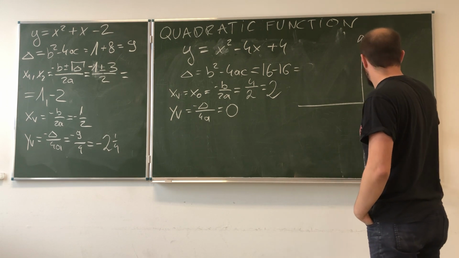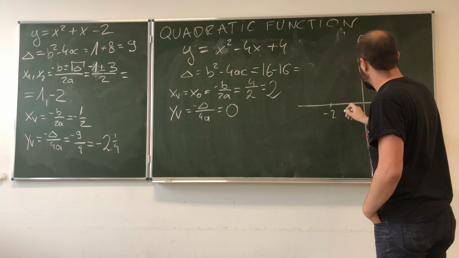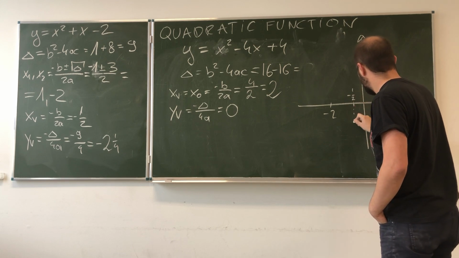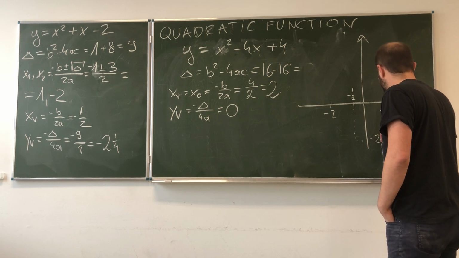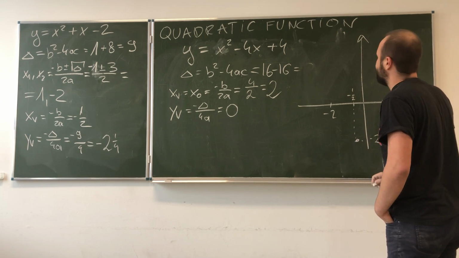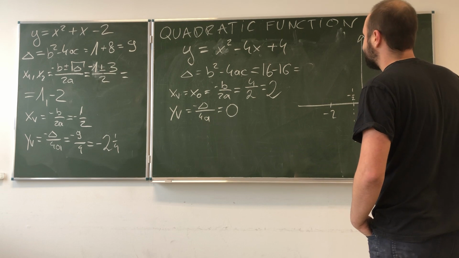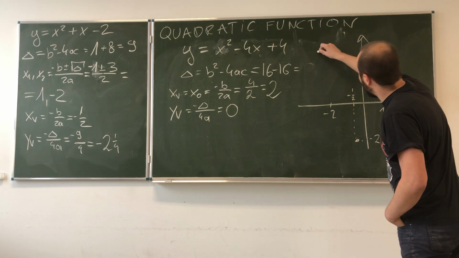I'm going to start with negative 2 and 1, and here I'm going to put negative 1 over 2, and negative 2 and 1/4. All I've got to do now is to connect all the points.